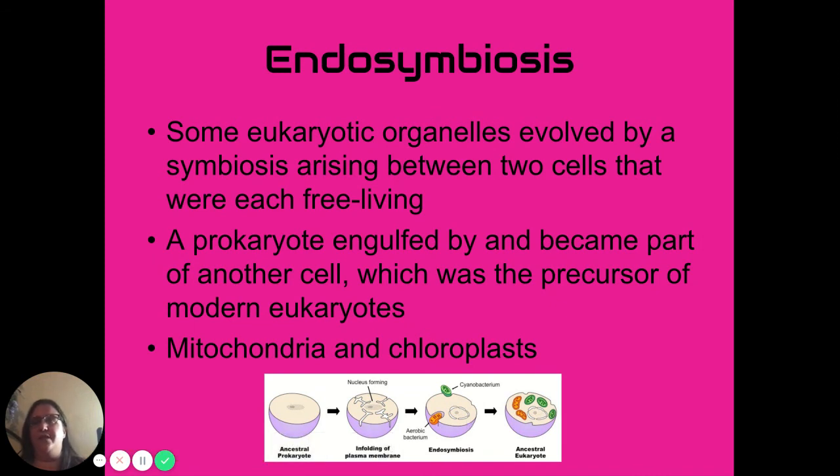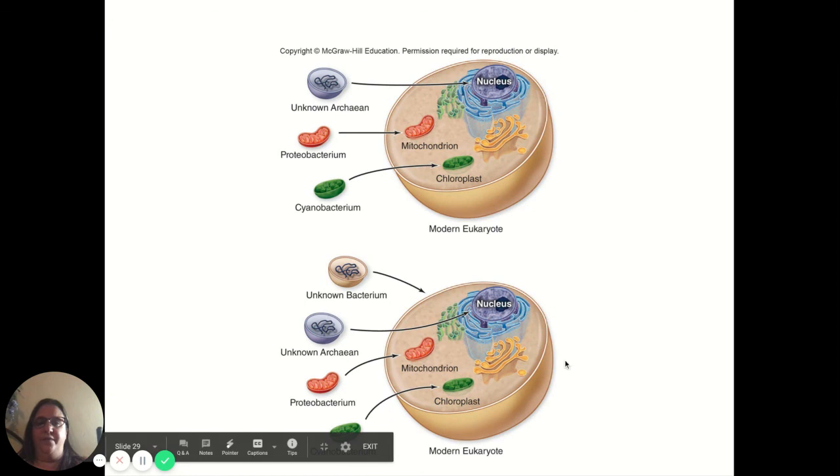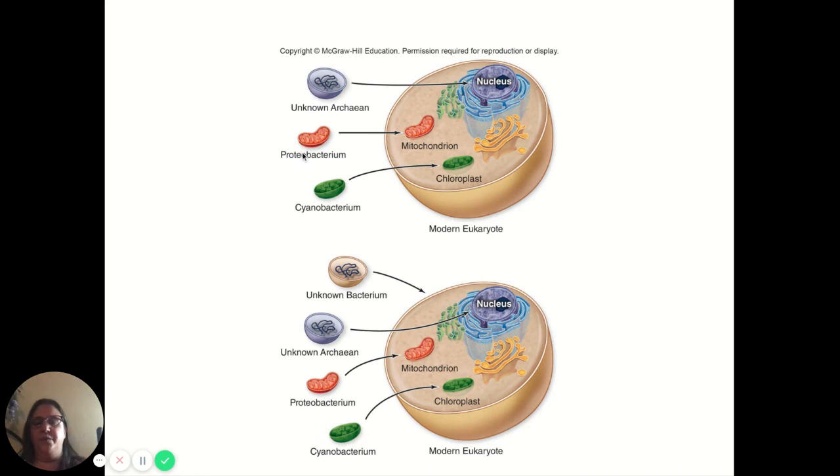So it's kind of somebody's moving into somebody else's house and then just decides to become part of them, part of their family. Okay. So here's just a diagram showing where they would have come from. So protobacterium became the mitochondria. Something else probably became the nucleus. Cyanobacteria became the chloroplast. Okay.